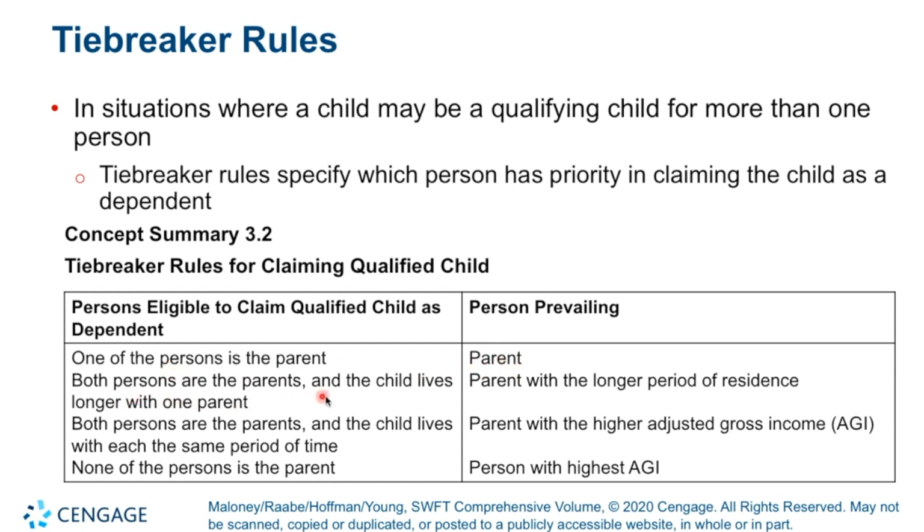If they're both parents, then the child lives longer with one of the parents, and the parent, who is called the residency parent, will win. If both persons are the parent and the child lives with each the same amount of time, or neither, then the parent with the higher AGI wins. And if none of the people are parents, then the person with the highest AGI, again, will win.